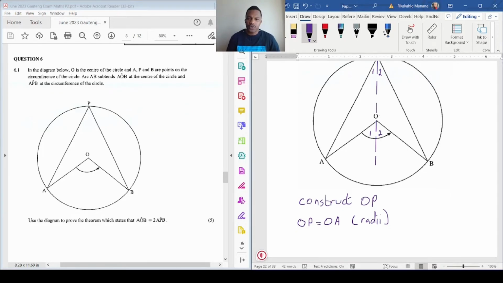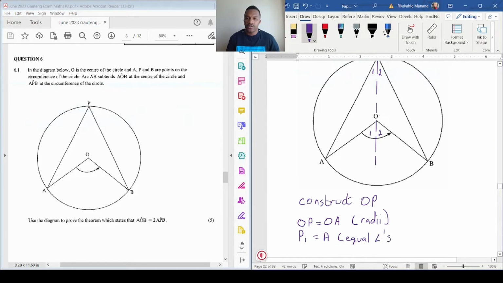So we can conclude then, since the sides are equal, it means the angles are also equal. So then we can say P1 is equal to A, and the reason is equal angles, rather. Let me start with angles. I prefer starting with angles for this one.